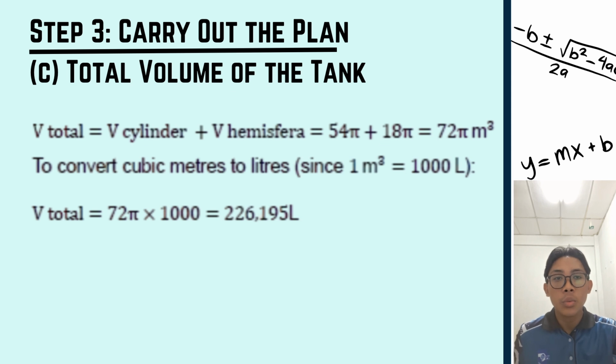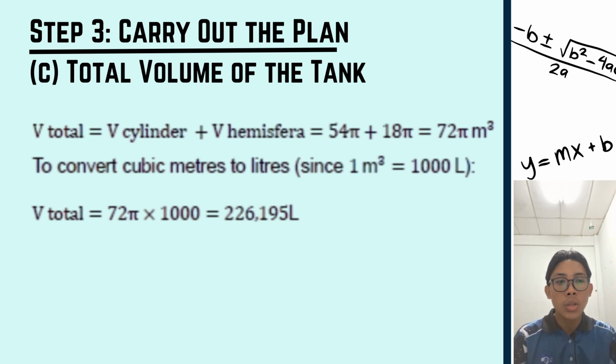After that, we need to find the total volume of the tank. To get the total volume, we need to add the volume of the cylinder and the volume of the hemisphere. So we get that the total volume of the tank is 72 pi cubic meters. But we want the answer in liters, so we need to convert it.